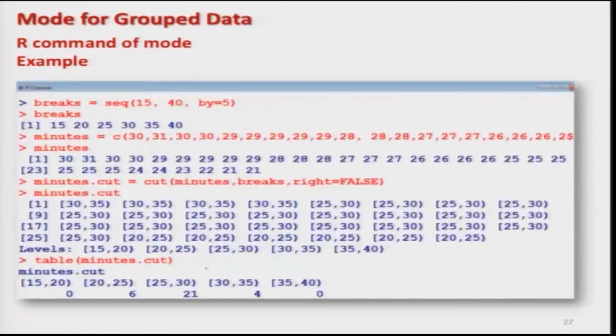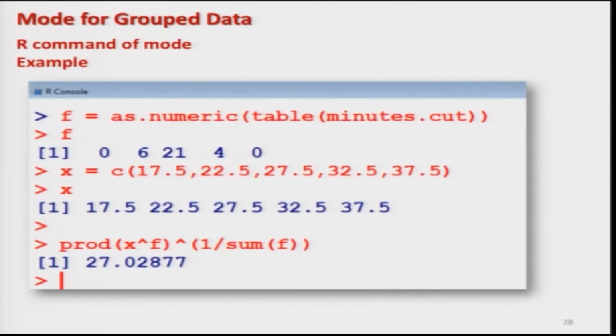And here I have given the screenshot, but I would request that you simply copy these commands, paste them into your R console and see whether you are getting the same outcome or not. And this is the same outcome which you will be getting here.